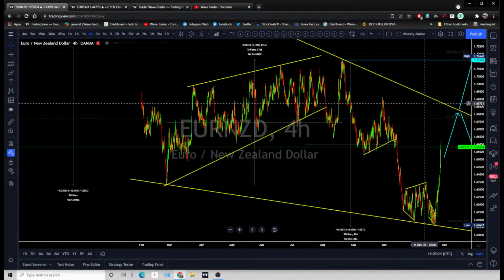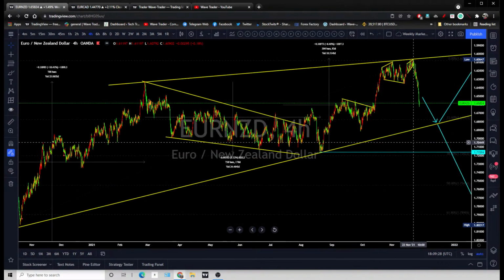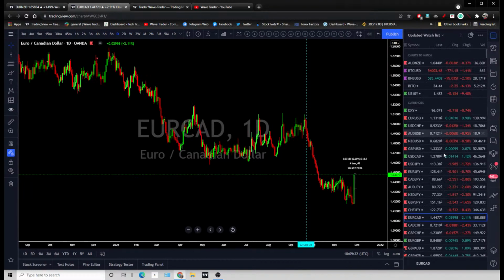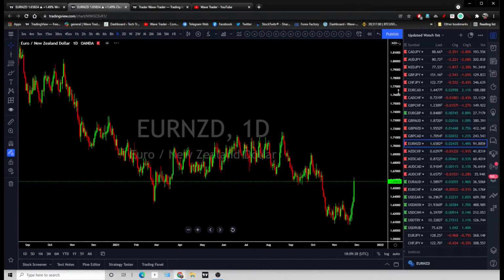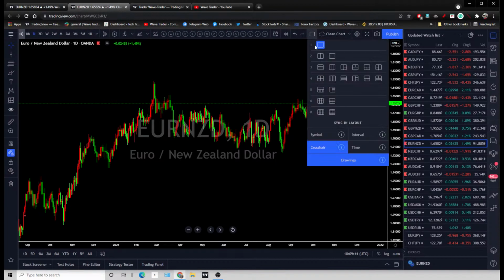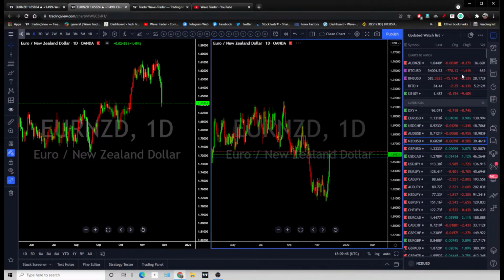So if I invert that chart, and pull out another one, that's the New Zealand dollar.